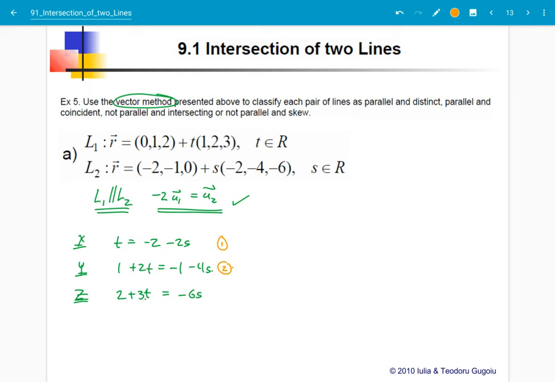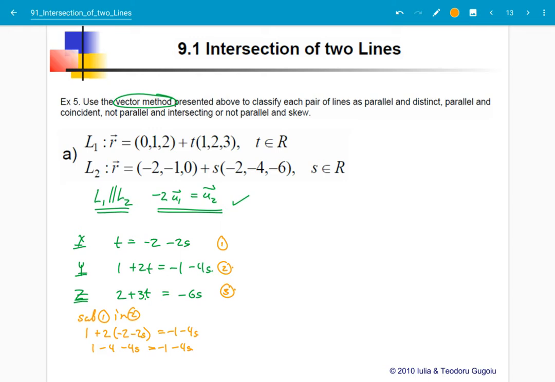I mean, I could do elimination as well, but I'm going to sub 1 into 2, and I get 1 plus 2(-2 minus 2s) is equal to -1 minus 4s. 1 minus 4 minus 4s equals -1 minus 4s.